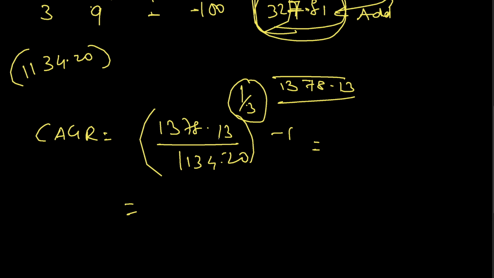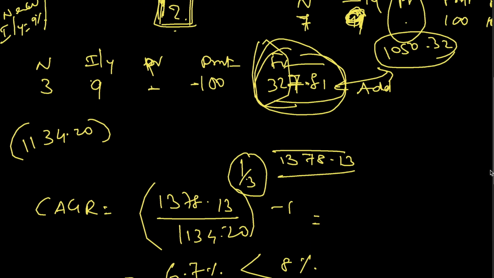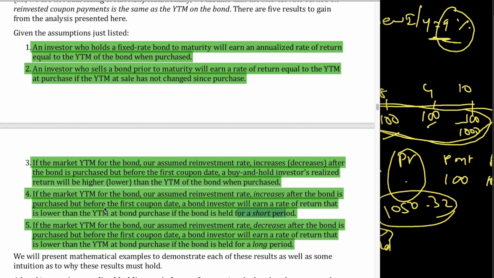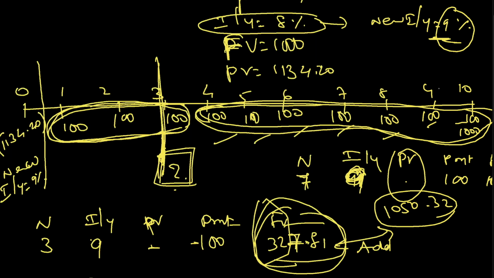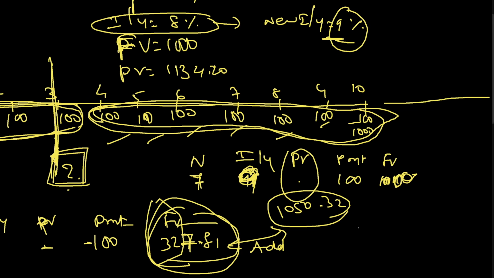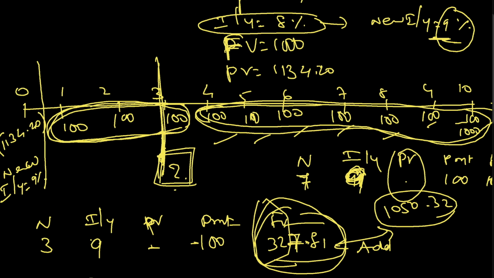So I get 6.7 percentage, which is lower than the initial IY of 8 percentage. Okay, so this is what the fourth point proves. So for a short period when I hold, my returns are going down when the interest rate in the market is going up. So this is what I have proved mathematically.